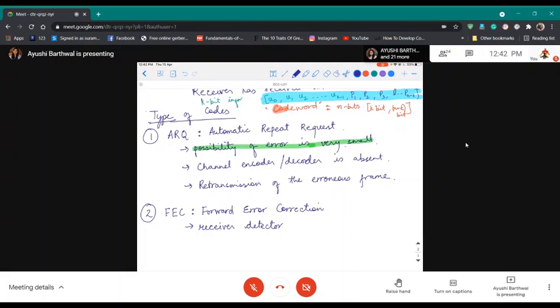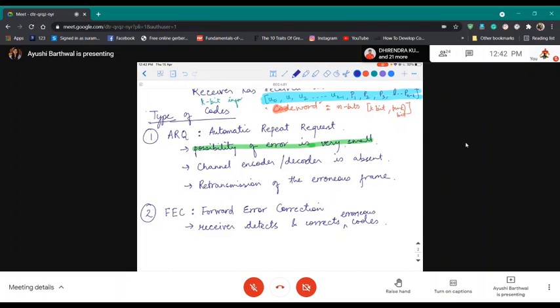In such type of codes, it detects and corrects the erroneous codes.